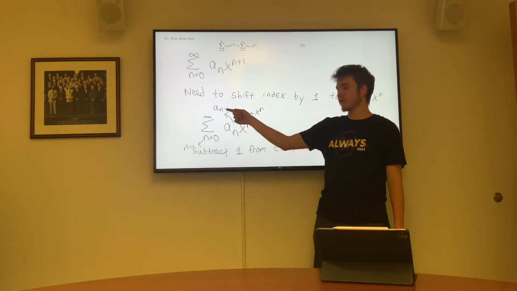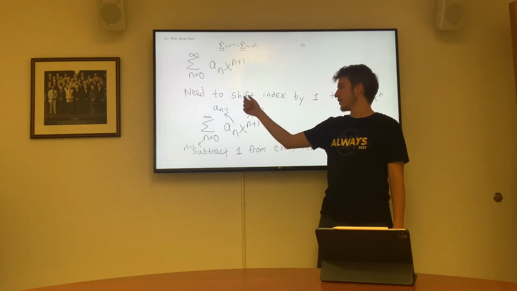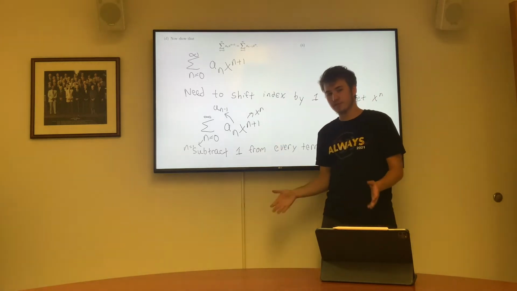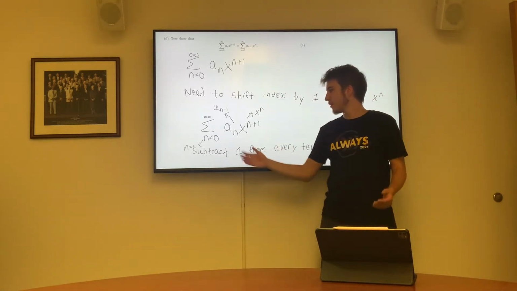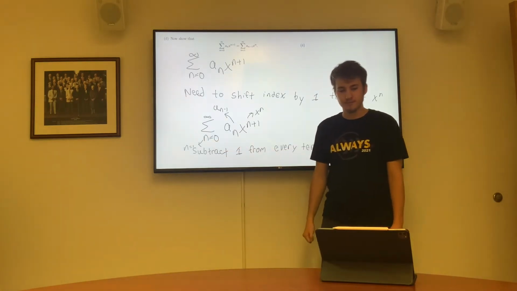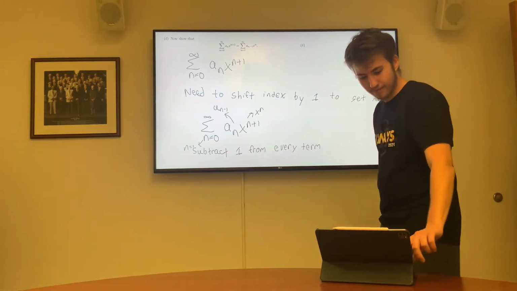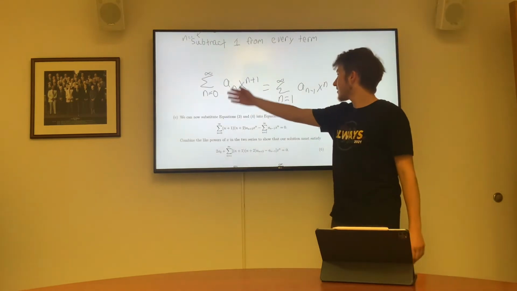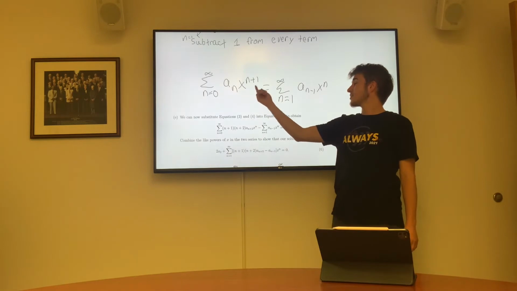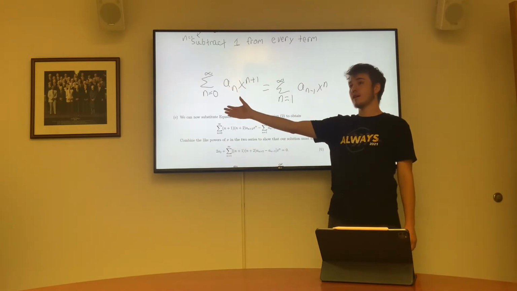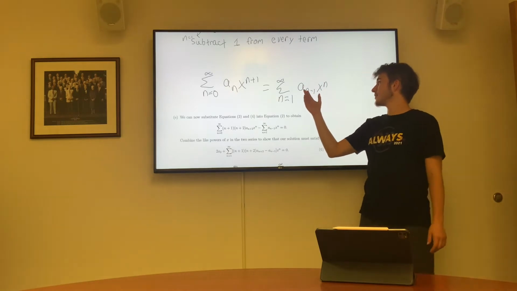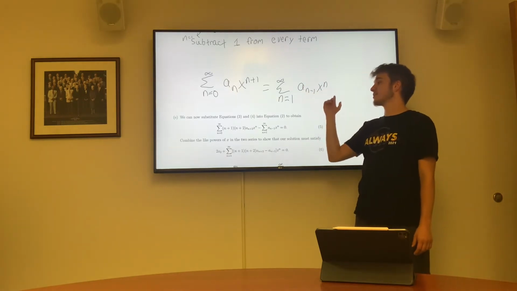So a_n would go to a_(n-1), and x to the n plus 1 would go to x to the n. And since we're shifting the n value, we have to shift the index up by 1.